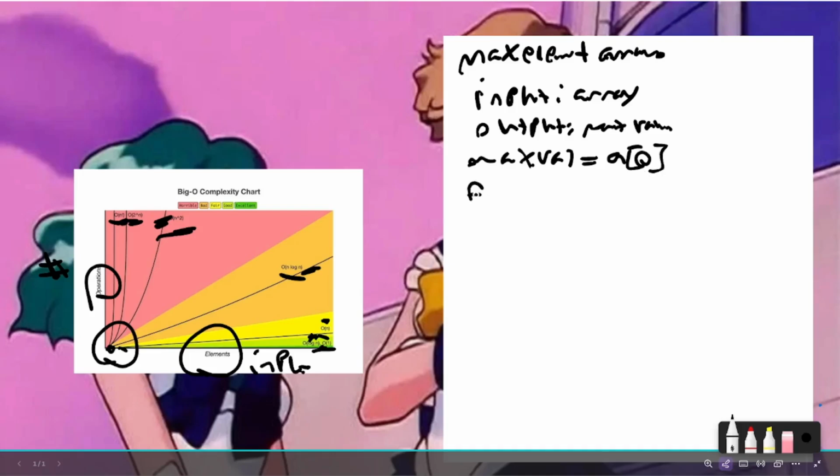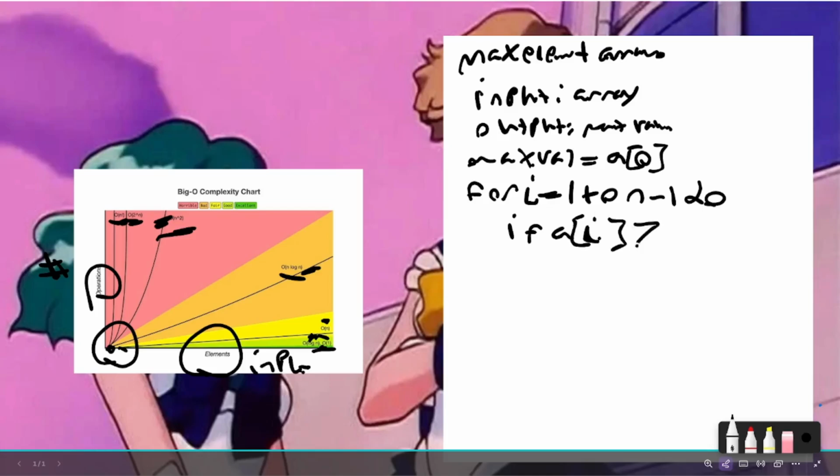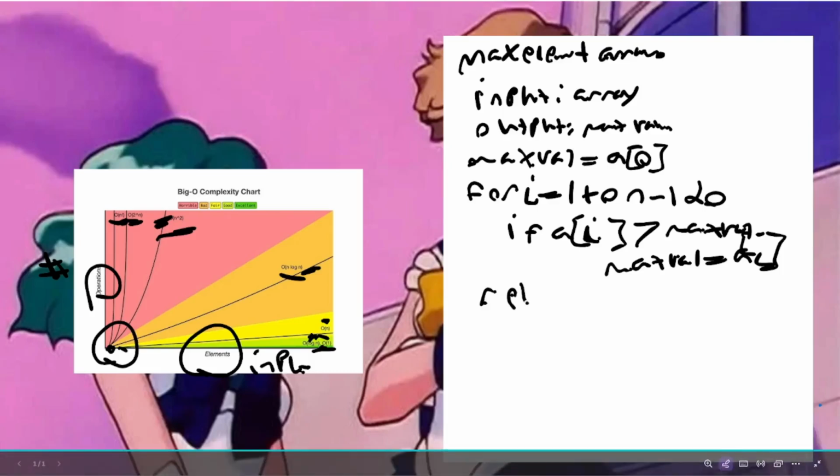Then for i equals 1 to n minus 1, do: if A[i] is greater than maxval, then set maxval to A[i]. After all that's done, we'll return maxval.